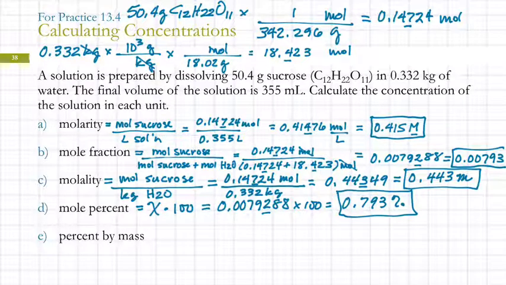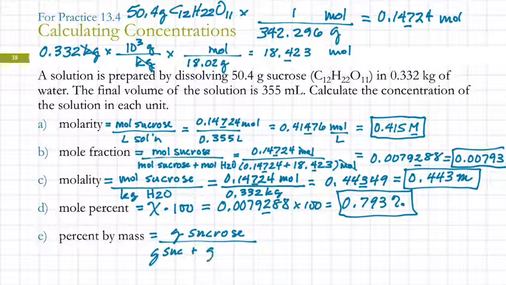And we need to find percent by mass. So that's going to be the mass of the solute, grams of sucrose, divided by the grams of the solution. So this is grams of sucrose plus grams of water. And it's a percent, so we multiply by 100. So we have grams of the sucrose, 50.4 grams.